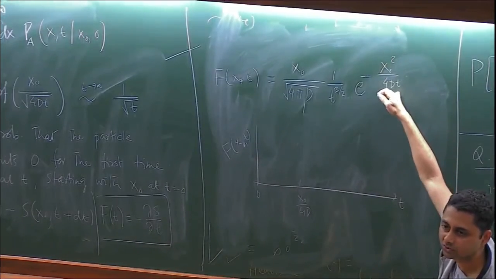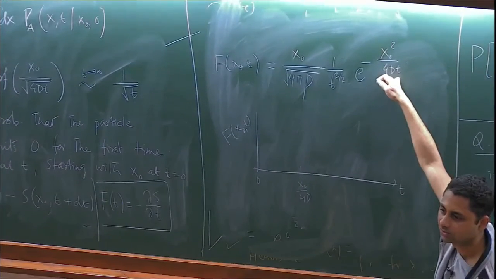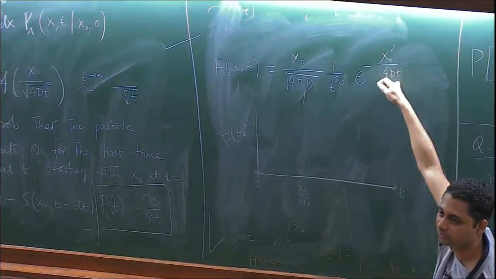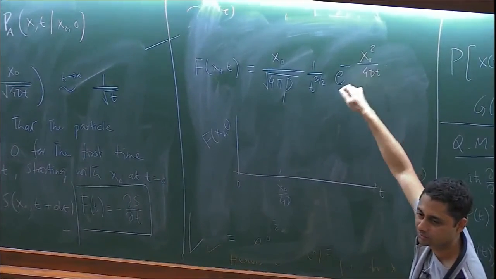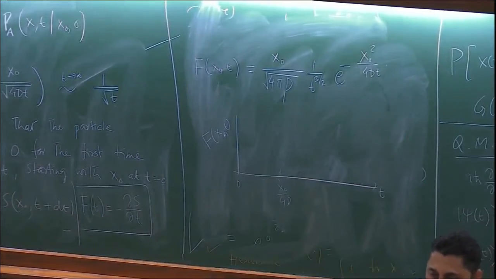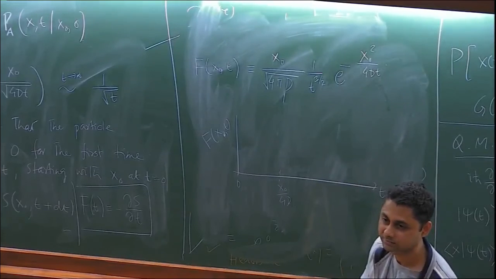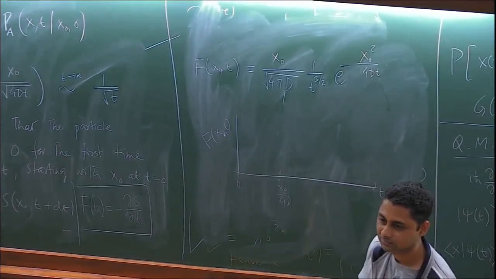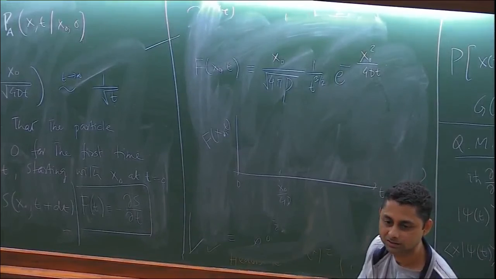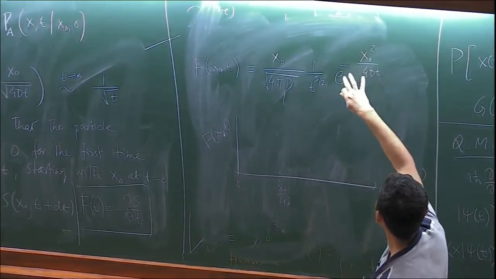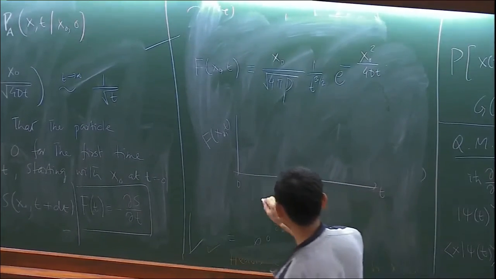What is this function called? Have you seen this function before? No, I'm saying that this part as a function of t. Just forget about the other one, you just call it t by t star.